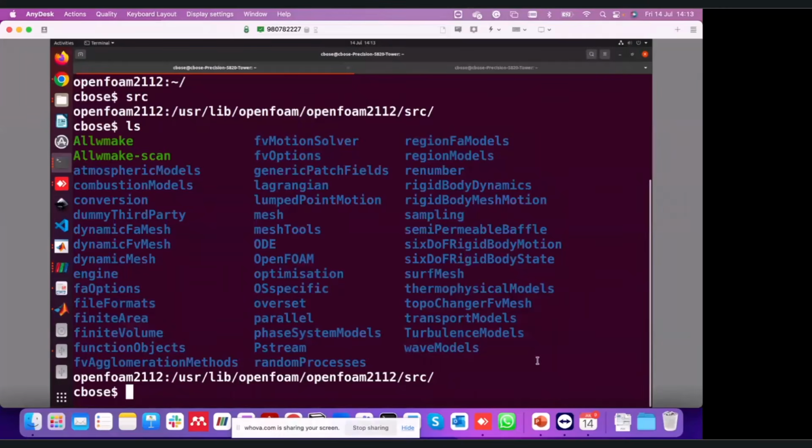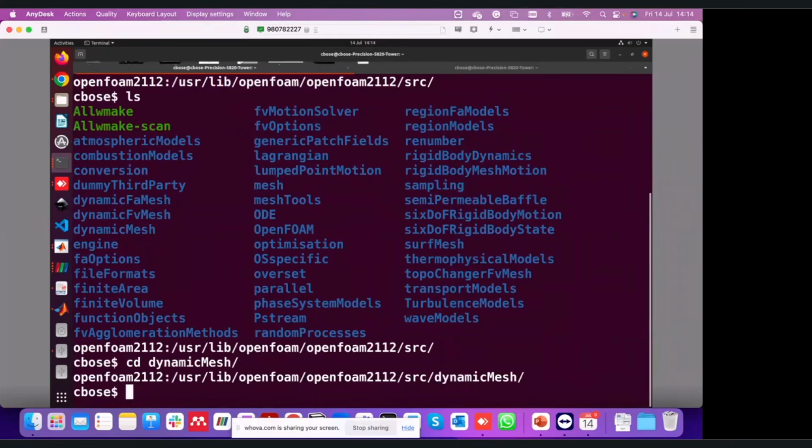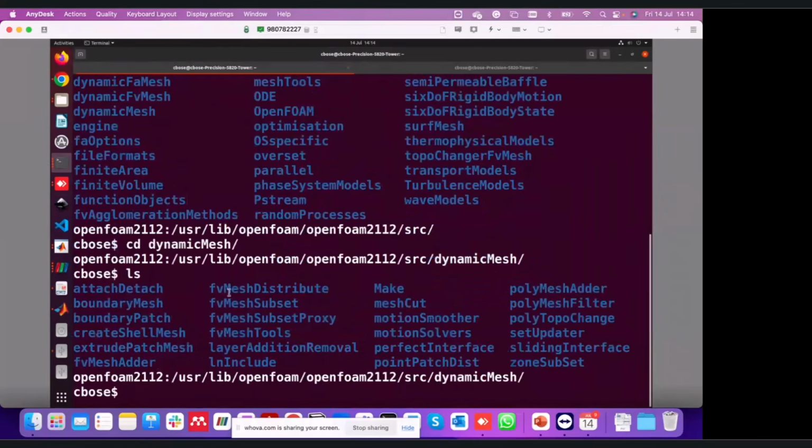Yes, yes. Yeah. So here, as you see, I am using OpenFOAM version 2112, and once I go to the source code directory, I see that there are different folders, but particularly if you see the dynamicMesh folder, and if I go to that folder and see what the contents are, we here see another folder called motionSolver.